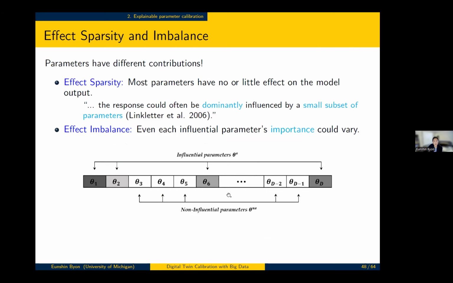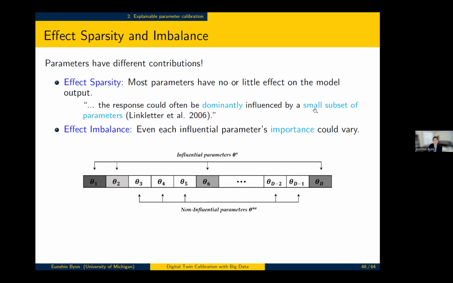But the thing is, in this calibration problem, the large number of parameters have oftentimes different contributions. Most parameters have no or little effect, which is called effect sparsity or parsimonious principle. So the response could often be dominantly influenced by a small subset of parameters.